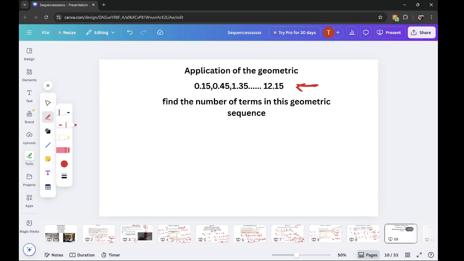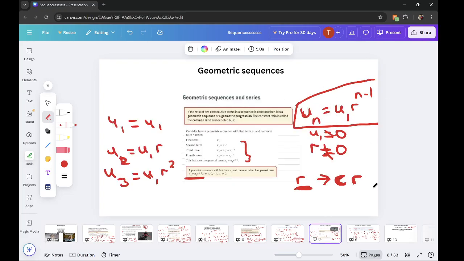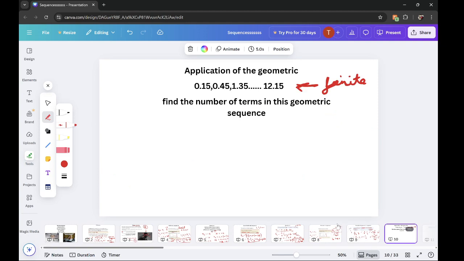This is a finite sequence, limited. It doesn't go to infinity, it stops at 12.15. So the question is, find the number of terms in this geometric sequence. I want you to go ahead and attempt this, and remember, I'm giving you a hint that you have to use this formula. So pause the video and try it out. It shouldn't take you more than a minute.